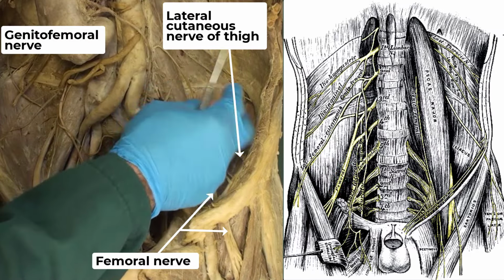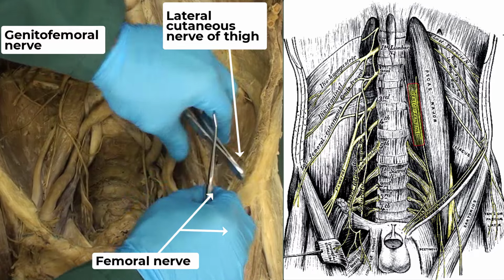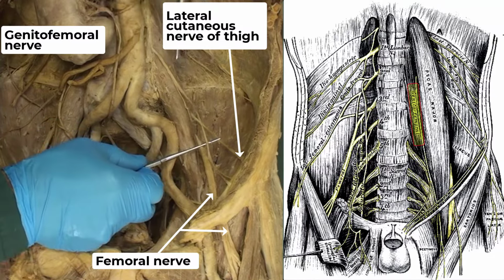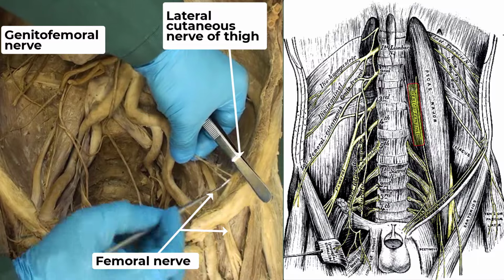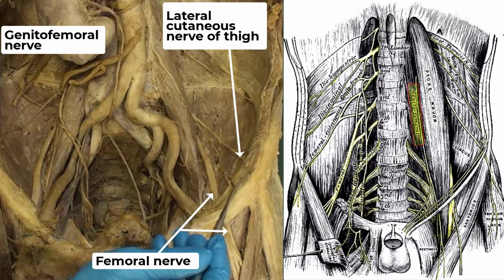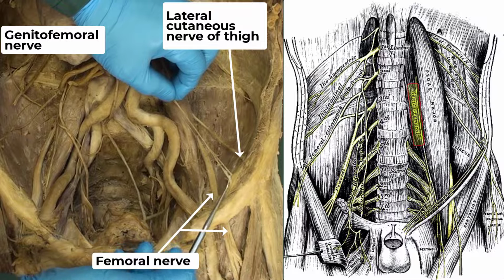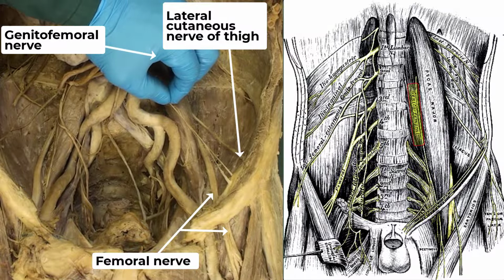The other nerve is the genitofemoral right there, which is on the anterior aspect of the psoas major. This nerve has two branches, the genital branch right here and the femoral branch. This is the genital branch that supplies the cremaster muscle.